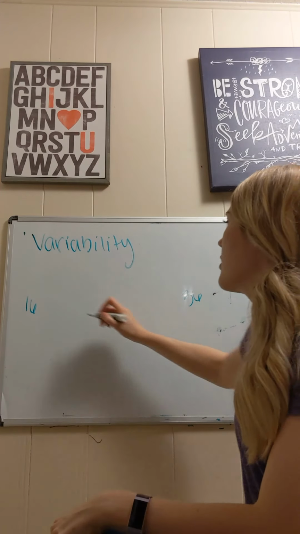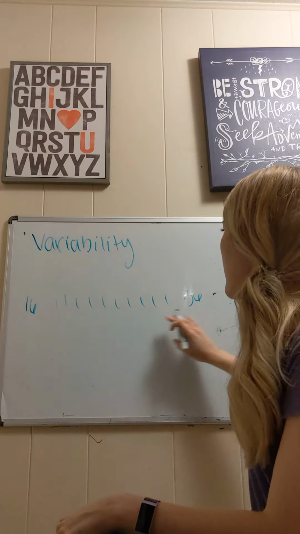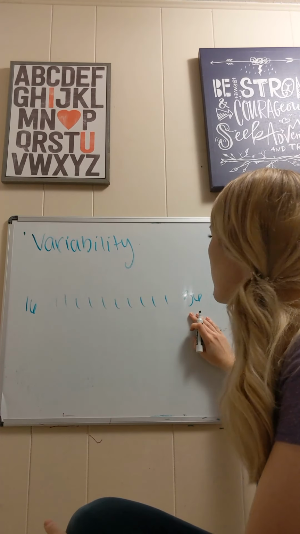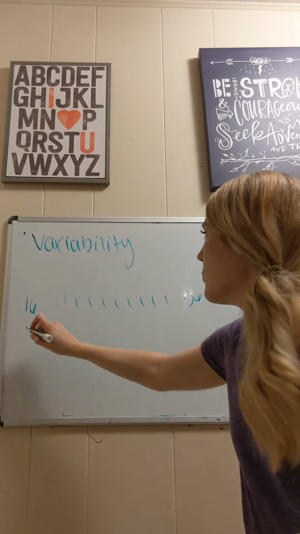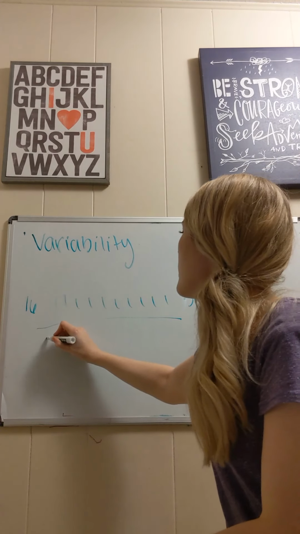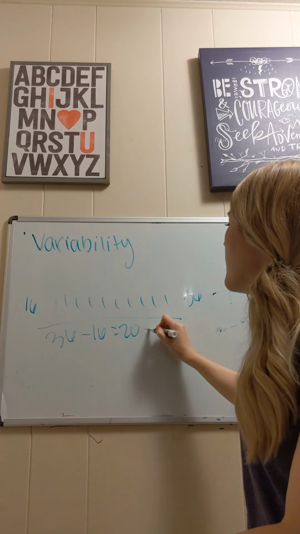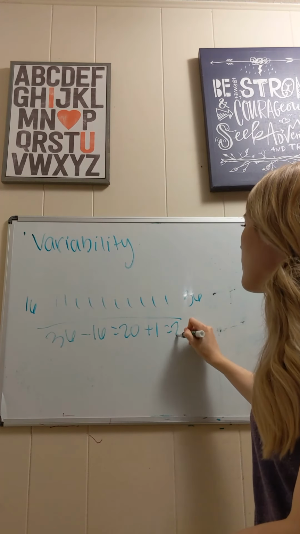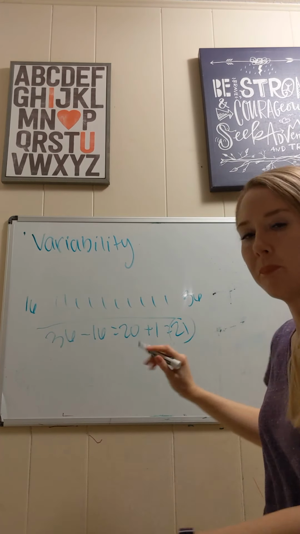This would be the range, and there are all these people in the middle too. But that's the range. To find the number of attributes within this range, we would just do 36 minus 16, which is 20, and then you would add 1. So the range, or the number of attributes, for this variable is 21.